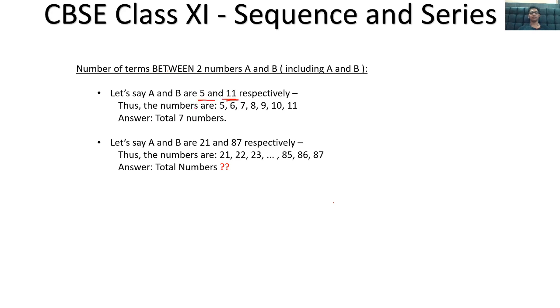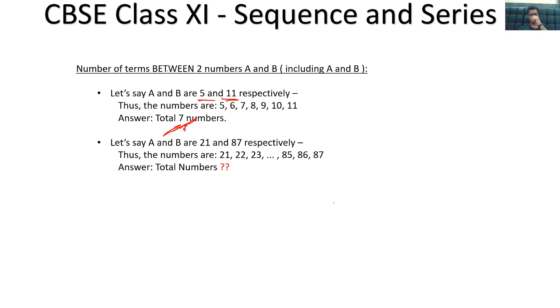So how many terms are there in between 5 and 11, including 5 and 11? The numbers are 5, 6, 7, 8, 9, 10 and 11. If we count all of them, it comes as 1, 2, 3, 4, 5, 6, 7. We have a total of 7 numbers in between 5 and 11, including 5 and 11.